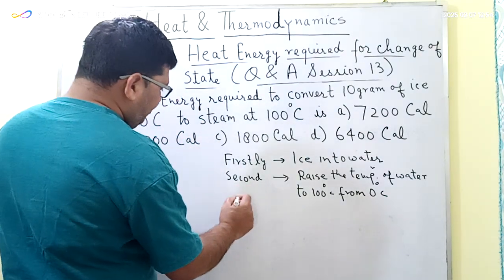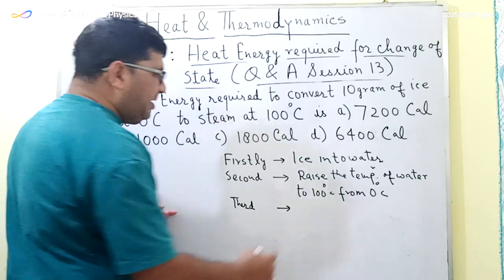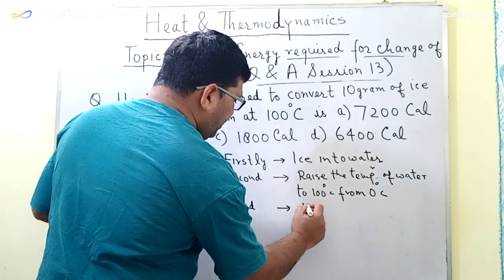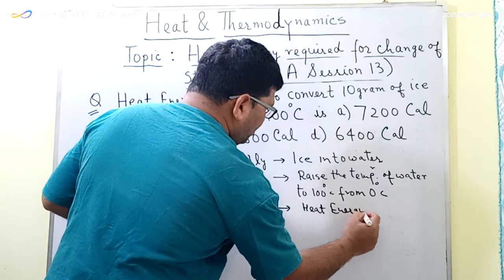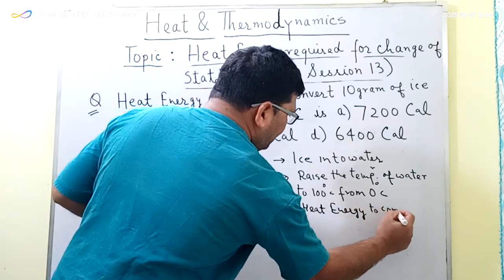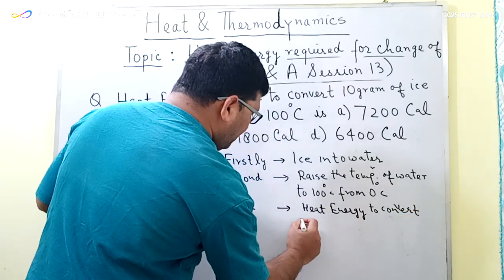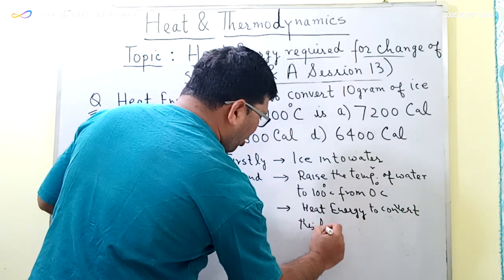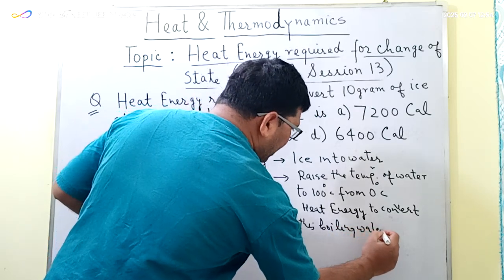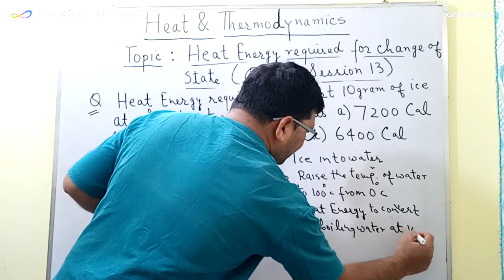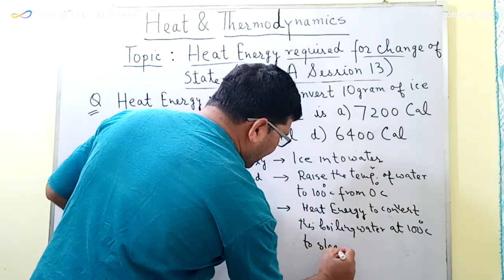And then the third step will be to provide heat energy to convert this boiling water at 100 degrees centigrade to steam at the same temperature.